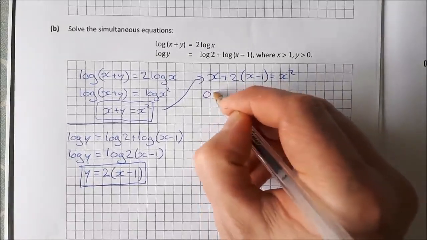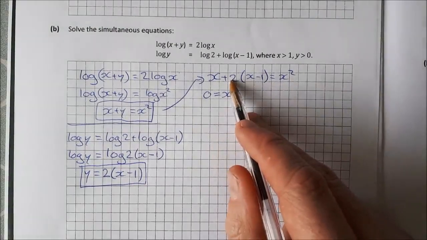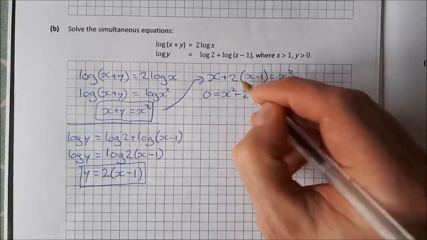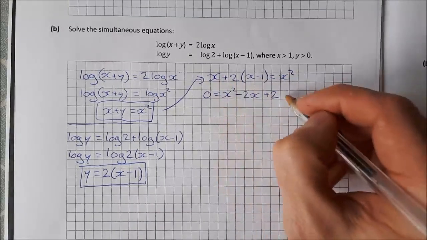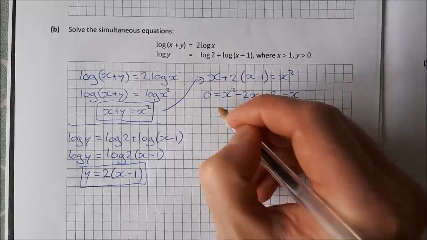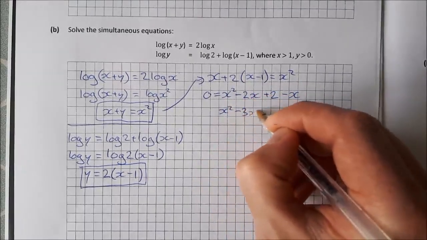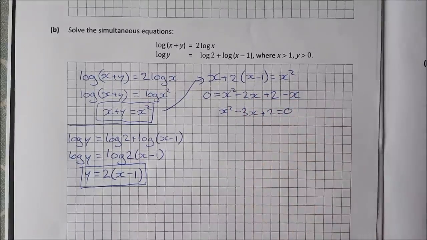So that'll be 0 is equal to x squared minus 2x plus 2 and minus x. So that's x squared minus 3x plus 2 is equal to 0.